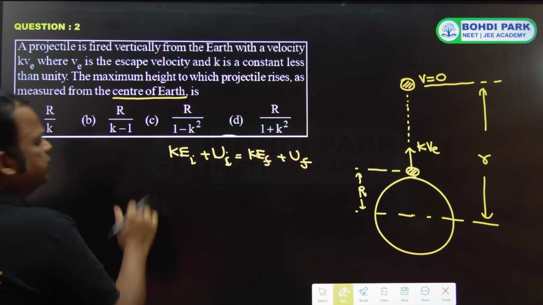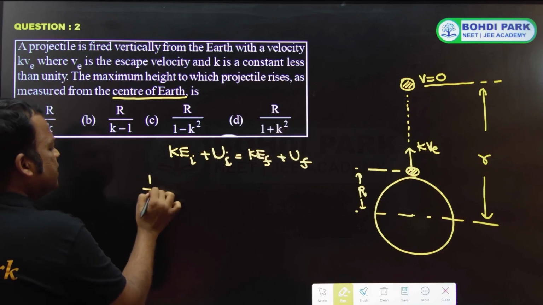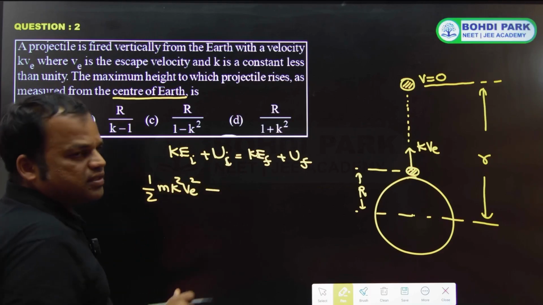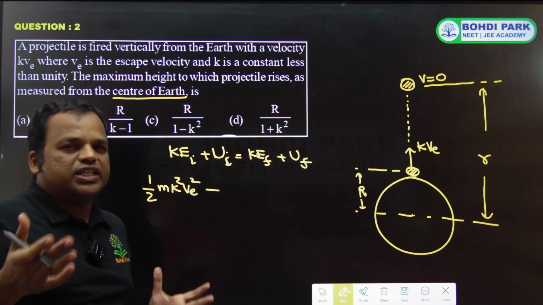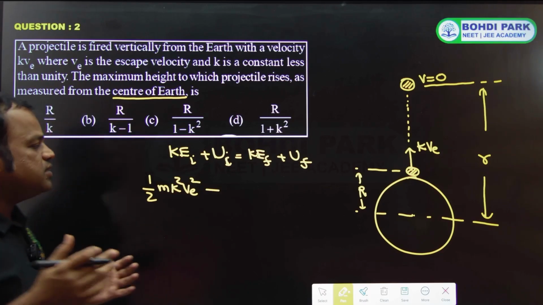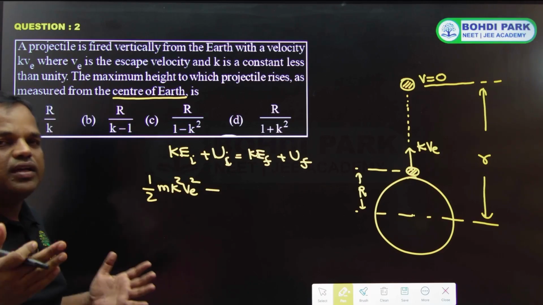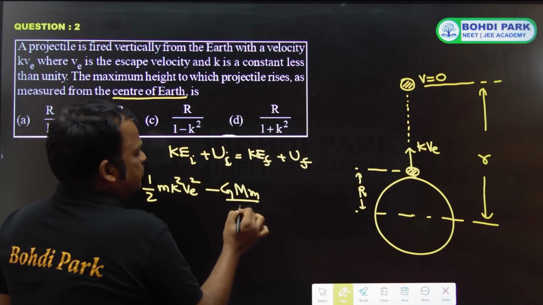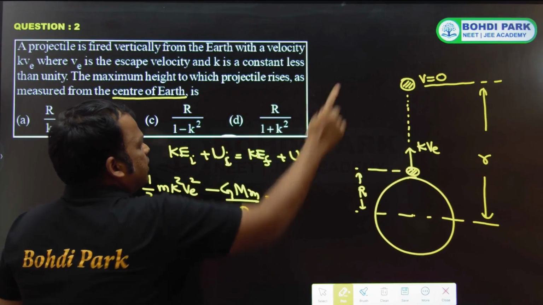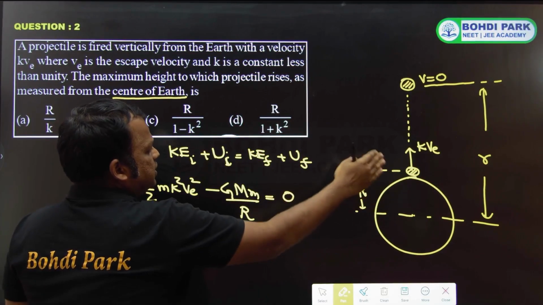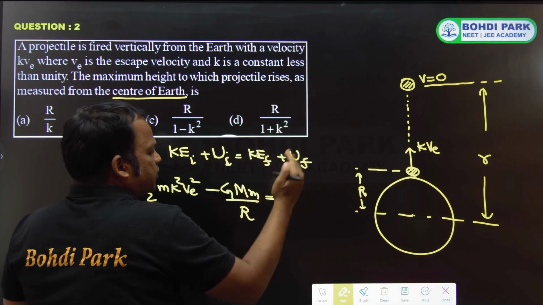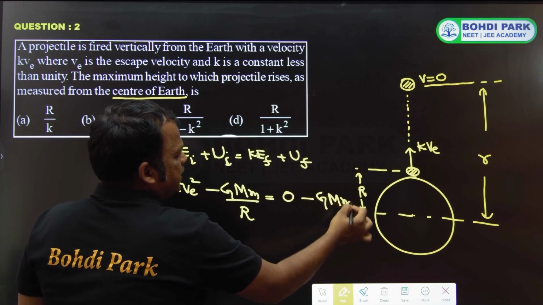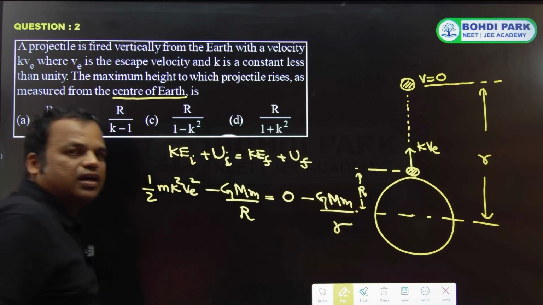So substitute the values. So we get half m k square VE square minus, what is the formula for potential energy? Gravitational potential energy is minus G m1 m2 by r. So minus G capital M small m by r, and final kinetic energy is 0, and final potential energy is minus G M m by small r.